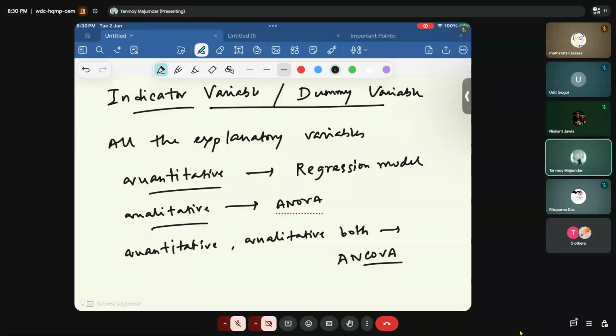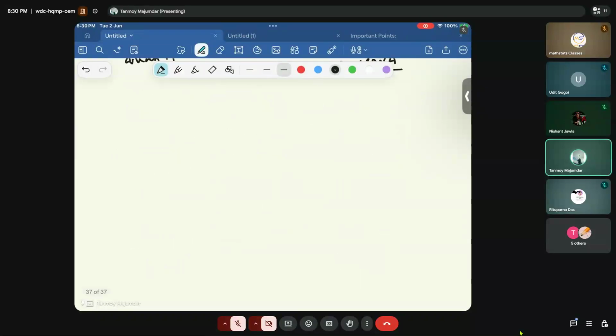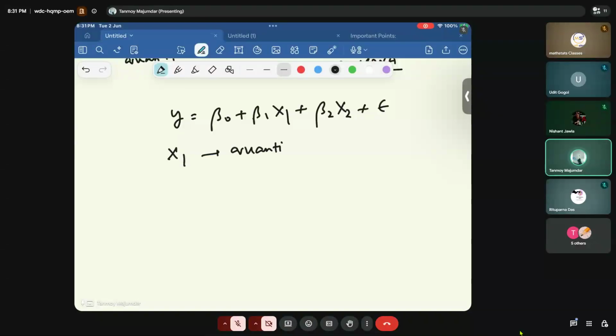Okay, so basically the big limitation of the regression model is that when we have a qualitative variable, for example, in a particular regression model, suppose y equals beta naught plus beta 1 x1 plus beta 2 x2 plus epsilon, and here x1 is the quantitative variable and x2 is the qualitative variable.